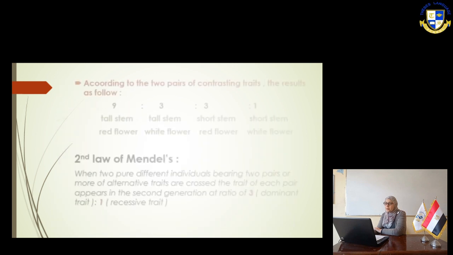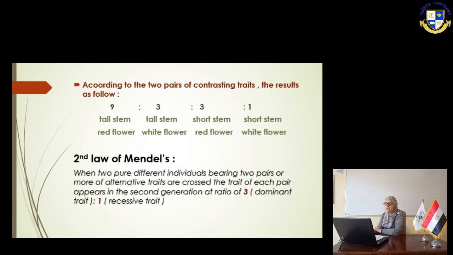Slide number 10. According to the two pairs of contrasting traits, the result is the following. So here we have two pairs of contrasting traits. They are 9 to 3 to 3 to 1. 9 tall stem red flower, 3 tall stem white flower, 3 short stem red flower, and 1 short stem white flower.